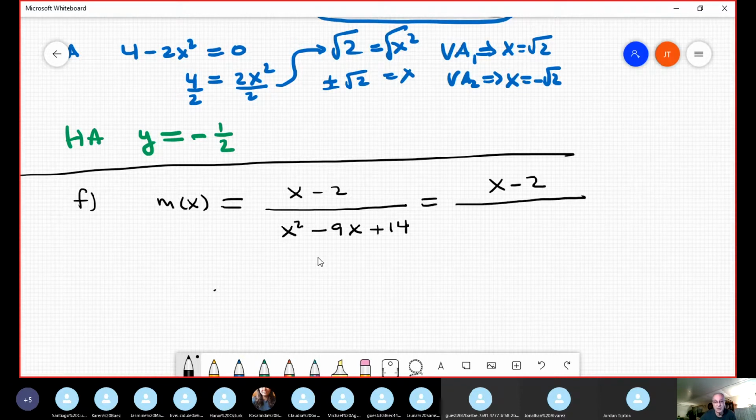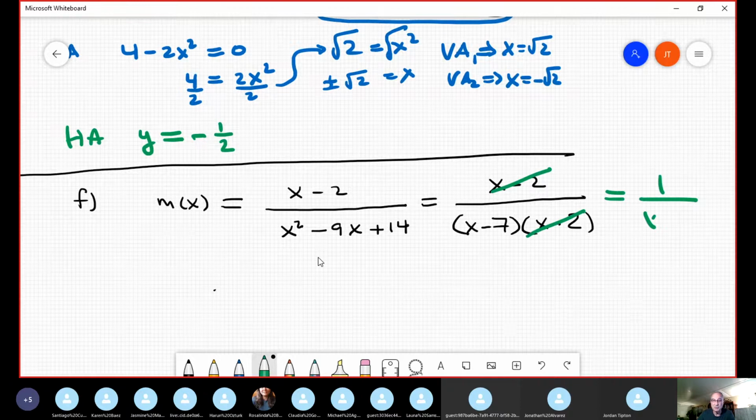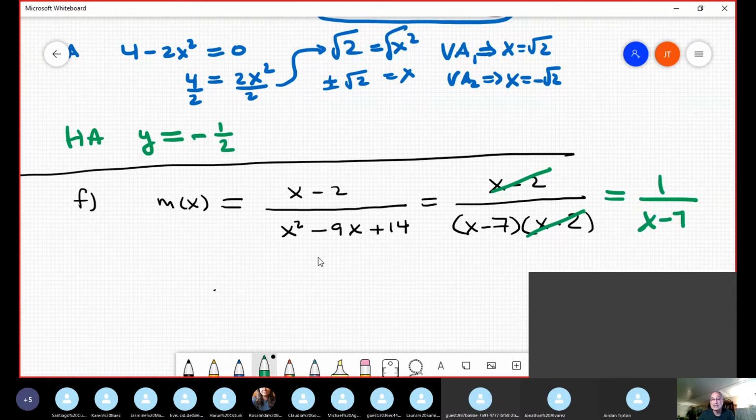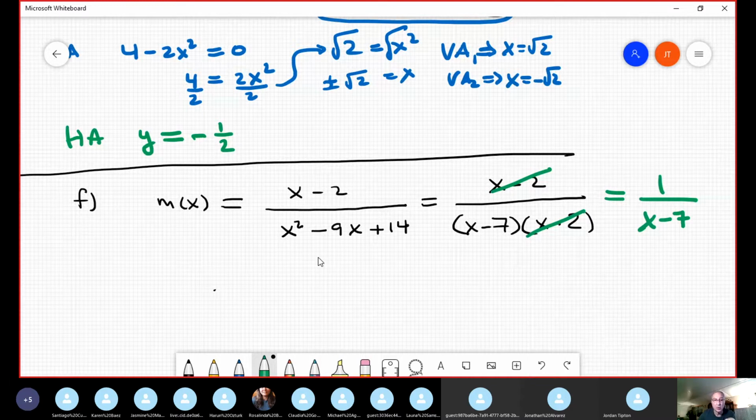But on the bottom, yes, we have a trinomial. And the combination, I suppose, is 7 and 2, no? Because 7 times 2 is 14, and 7 plus 2 is 9, and negative. But this problem brings a new situation. One factor is common, and we can cancel it out. And we have now 1 over x minus 7.